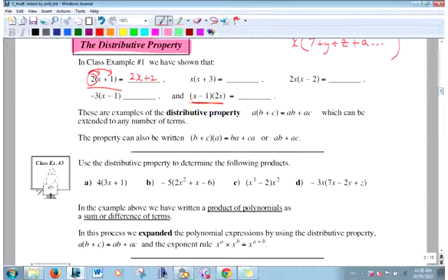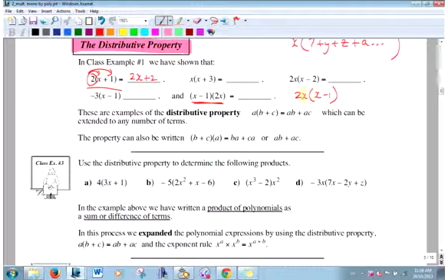Let's do this. Do you like looking at it like that, or do you want to rewrite it just by switching? Because 3 times 4 is the same as 4 times 3. If you like this way better, then just rewrite this. You don't have to do it like that. This is the same thing. Put the monomial first, the binomial second.